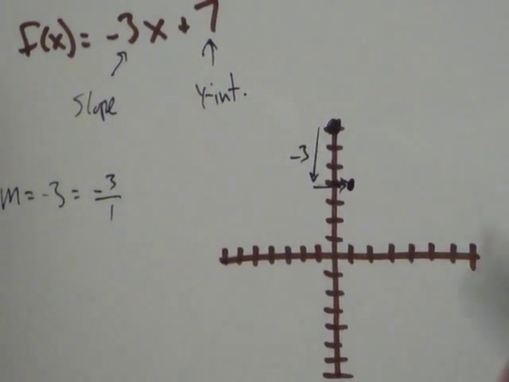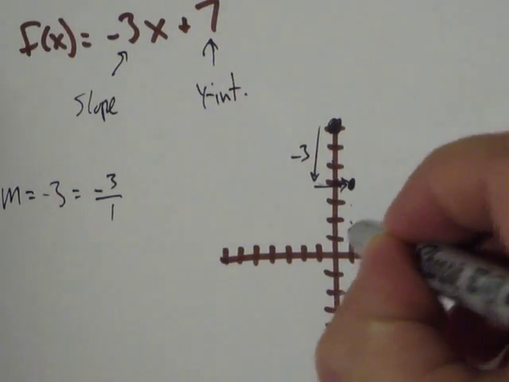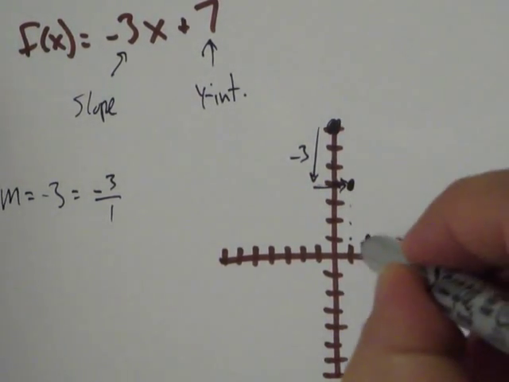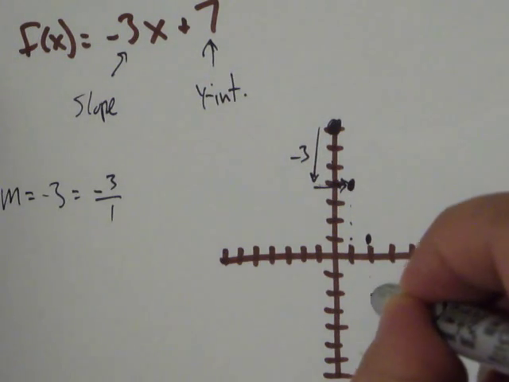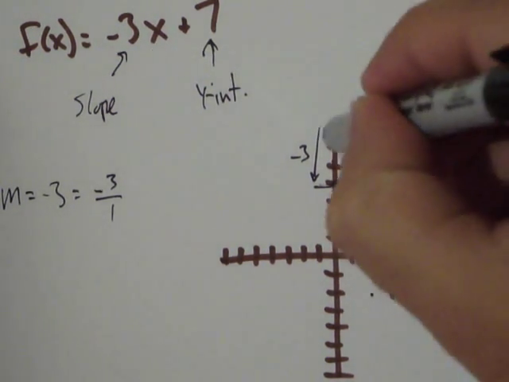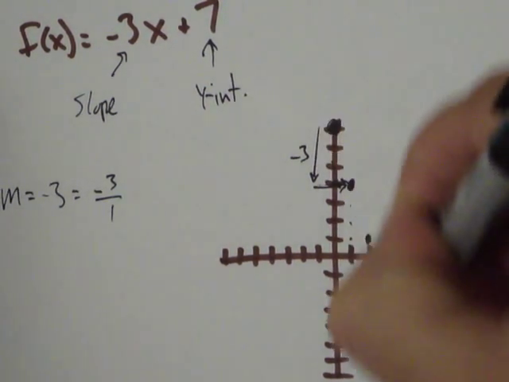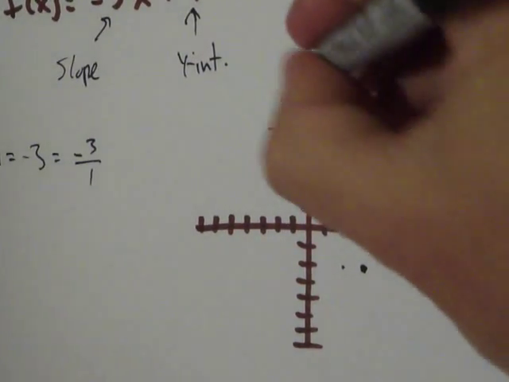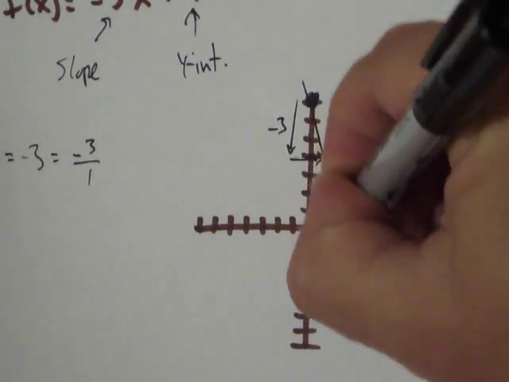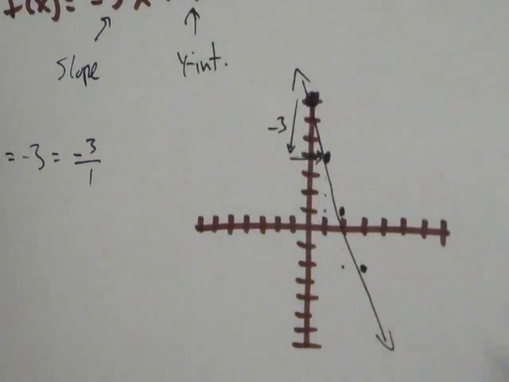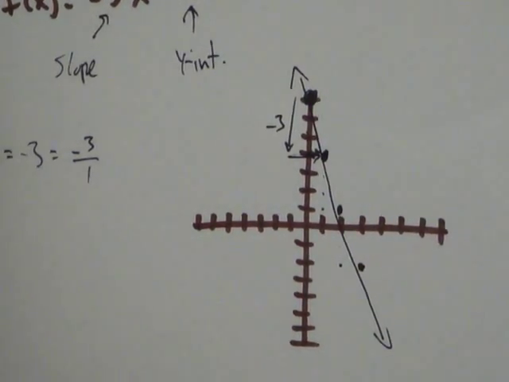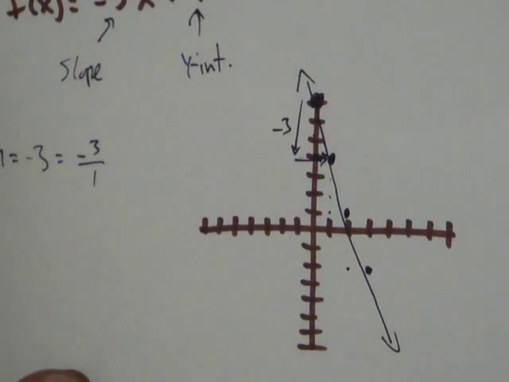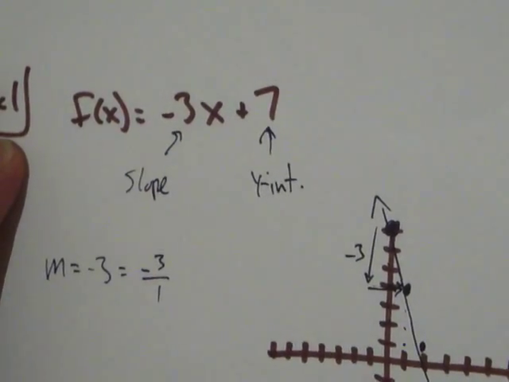We can keep doing this forever: down 1, 2, 3, over 1, and again, down 1, 2, 3, over 1. Notice they all fall in a nice straight line, so we can just connect all the dots, and there's our line. That's how we graph a line when we're given the linear function in slope-intercept form.